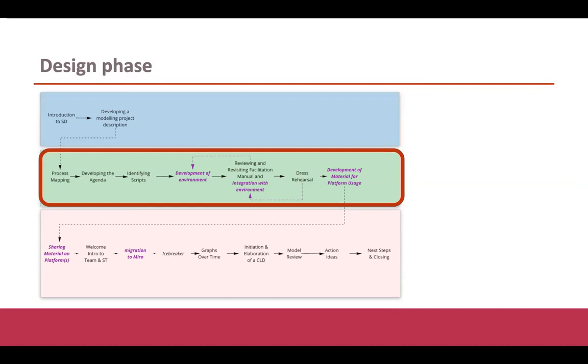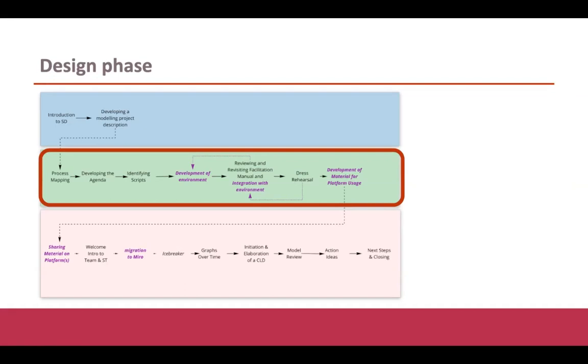I will now be zooming into the middle green section, where I will describe the first part of the design process. We adapted the scripts map framework and highlighted in purple the steps that were added due to the online adaptation. Then we will show you a video describing the pink area at the bottom of this diagram, which is basically the actual flow of the workshop.